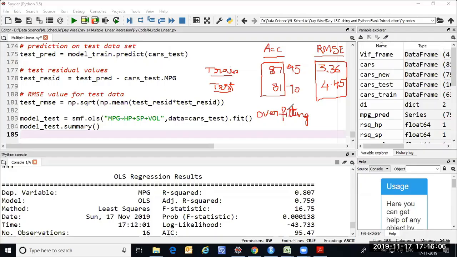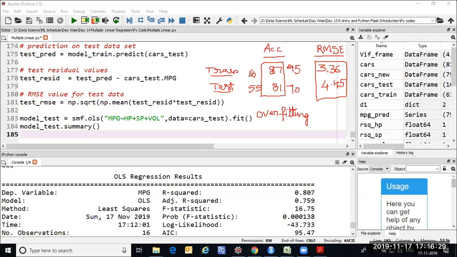How do we deal with that kind of problems? We will speak in further sessions. But let's take the other example. Let's say when you build the model on training, the accuracy that you got is 60. And when you run the same model on test, the accuracy that you are getting is 55. So the accuracies are more or less close by between training and test.